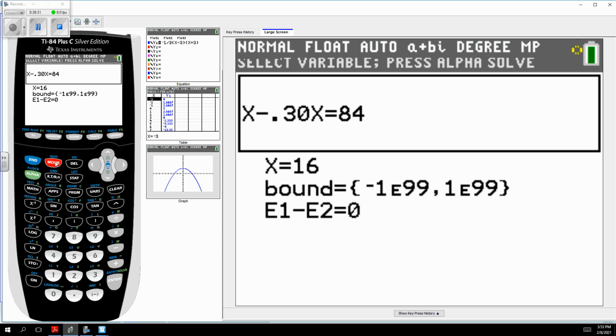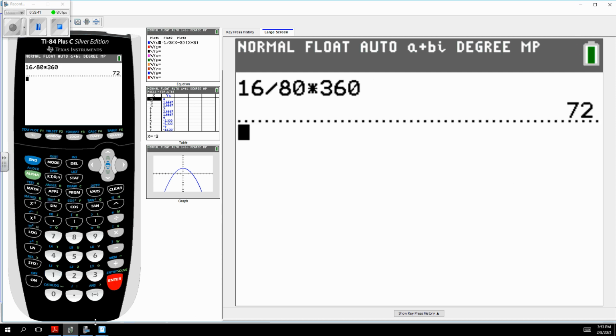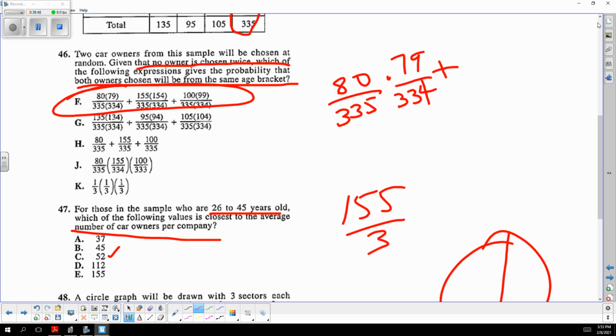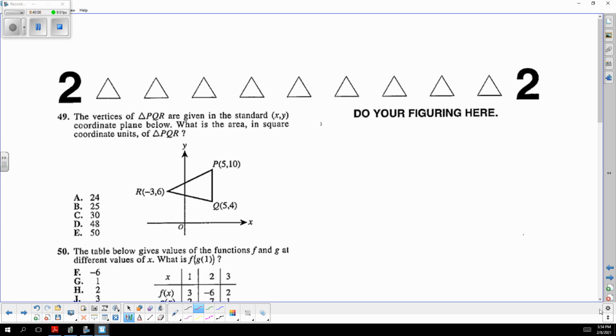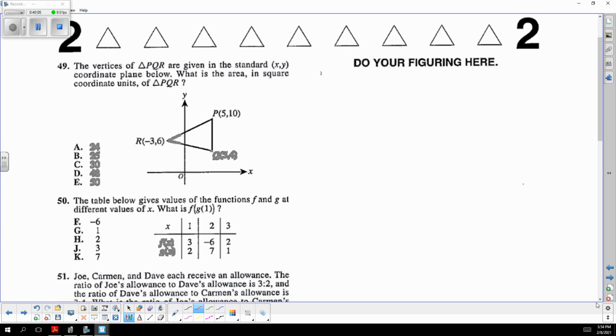Oh, always do that. 16 out of the 80 times 360. And that gives you 72 degrees for the A. How much would B be? B would simply be, what is it? 24 out of 80, and then C would be 40 out of 80, which would be half, 180 degrees.